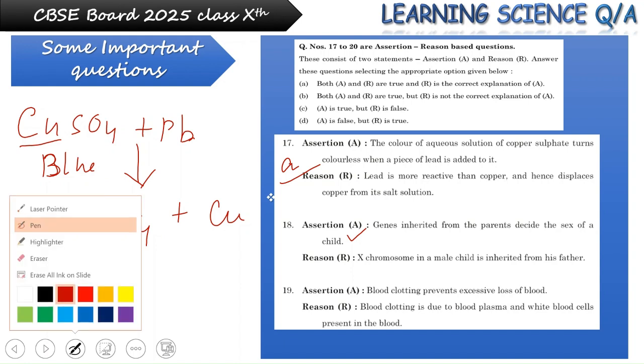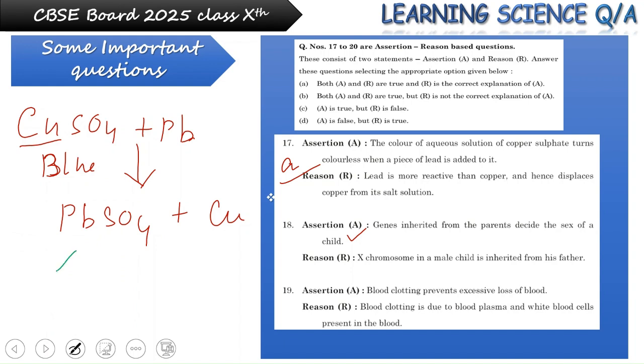We can see this in this way. We have this XX from mother or the female parent and XY from male parent. So a child can get X from the female and either X or Y from the male.